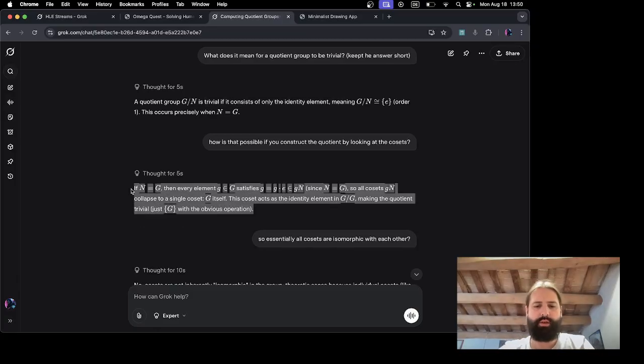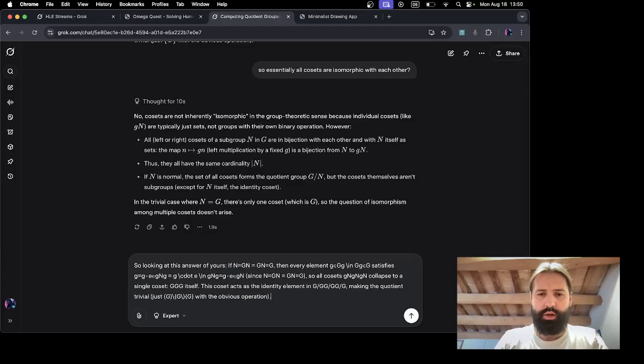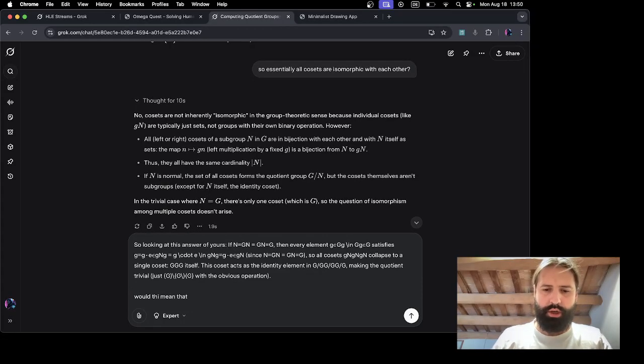So looking at this answer of yours, wouldn't this mean that G over N, G over G, equals G?